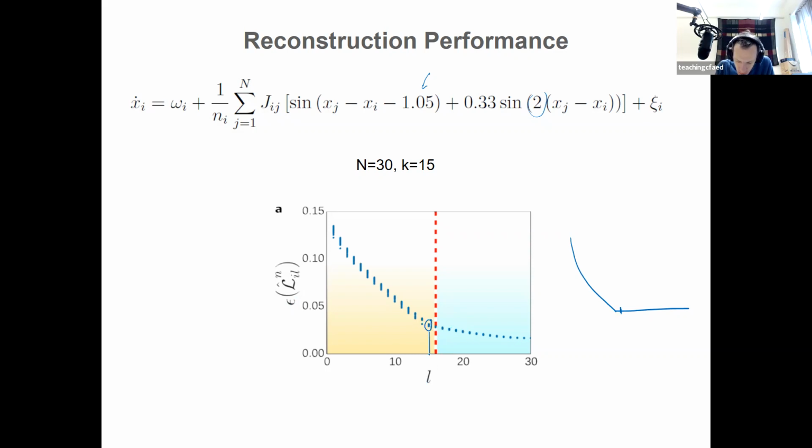So this one would be 15. Here we actually predict 15 and we get 15. So we find the best 15 and we see that the error drops more slowly after you have identified 15. I have no mathematical proof, but we have observed that across different systems and settings, not always, but in a lot of cases.